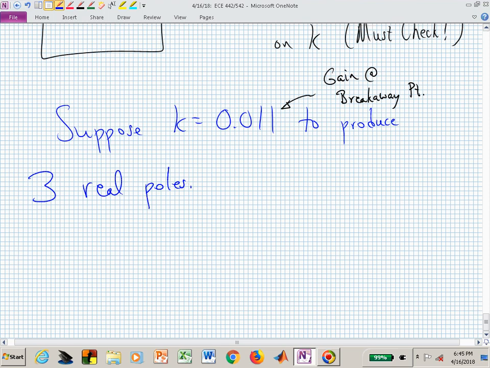Where's my dominant pole? Pardon? My dominant pole is at 0.881.